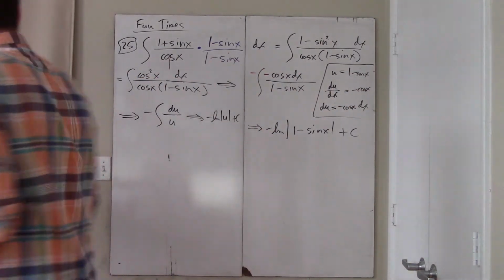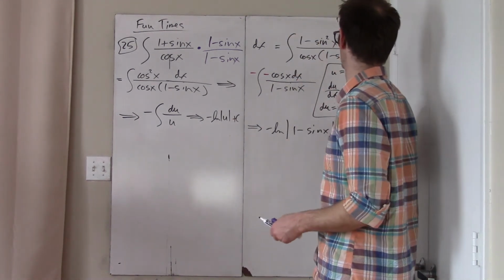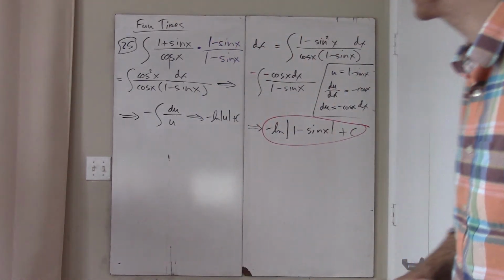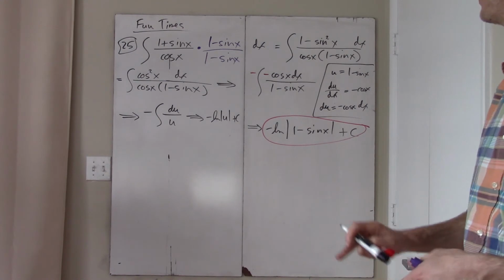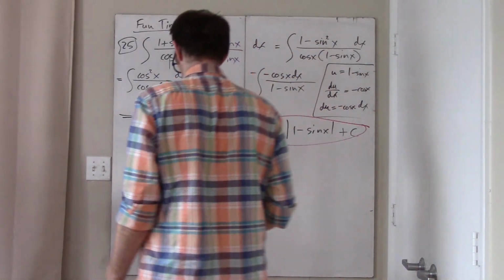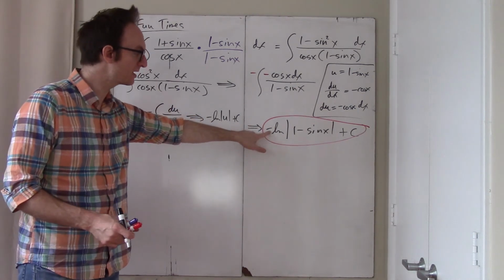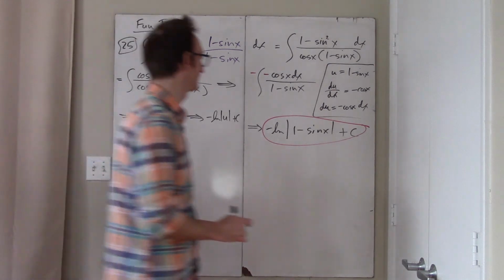It's perfectly correct to leave your final answer like this, but note that many people, including textbooks, will almost never, just by tradition, leave a negative out in front of the natural log, because they will apply a log rule.